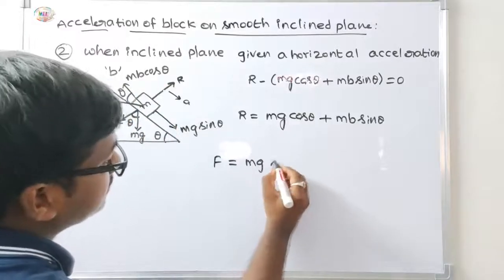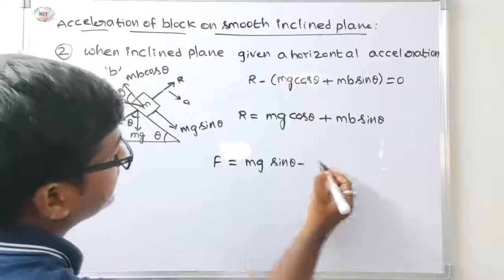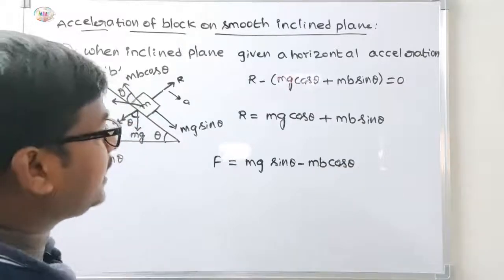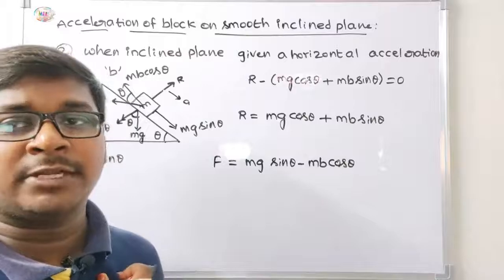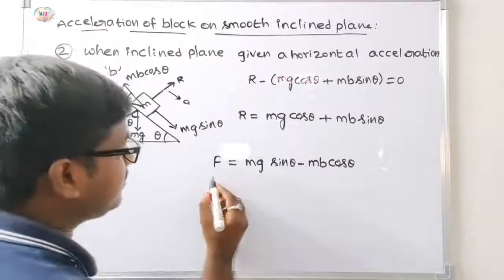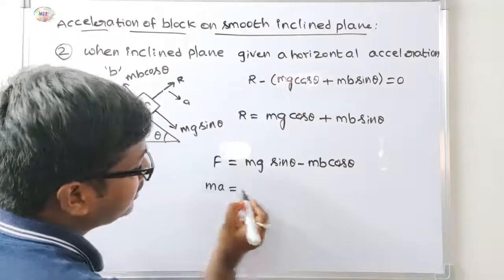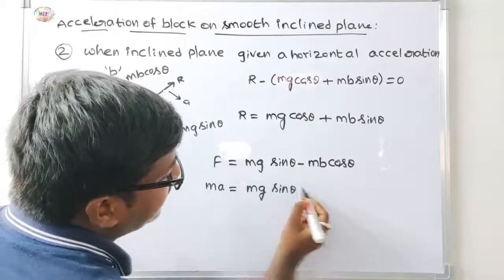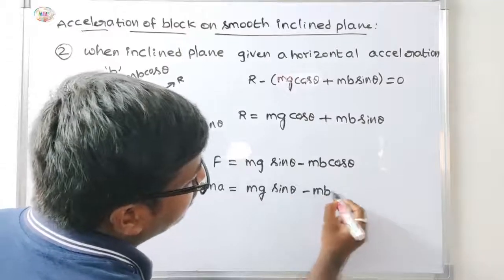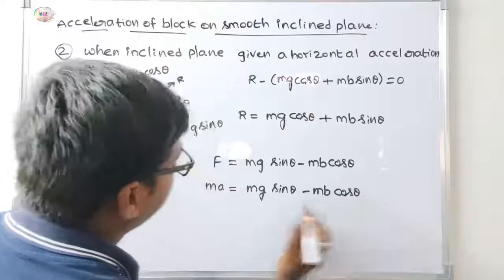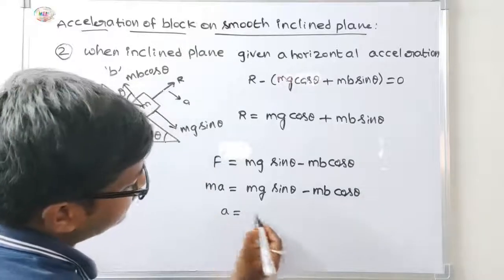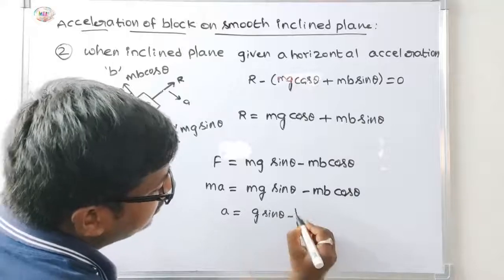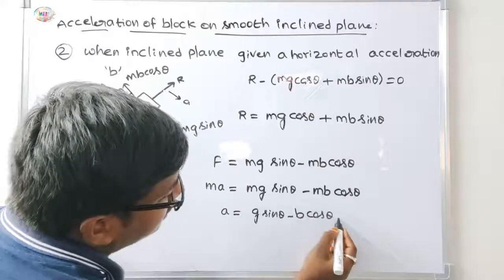According to Newton's second law, F is equal to ma, so ma is equal to mg sin theta minus mb cos theta. Then a is equal to g sin theta minus b cos theta.